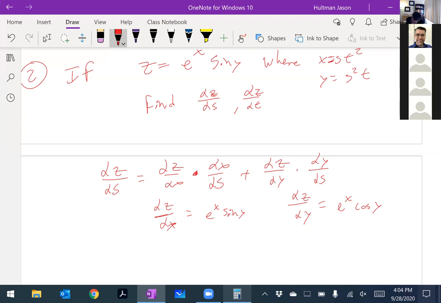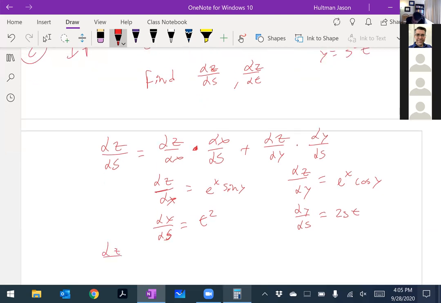What about dx ds? Take the partial derivative with respect to s, and that's going to be t squared. And then what's dy ds? Well, that's going to be 2st. Now let's put it all together.